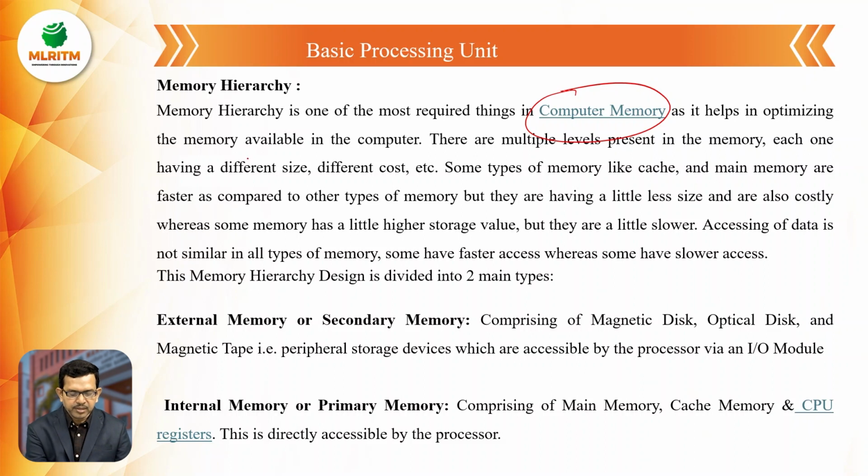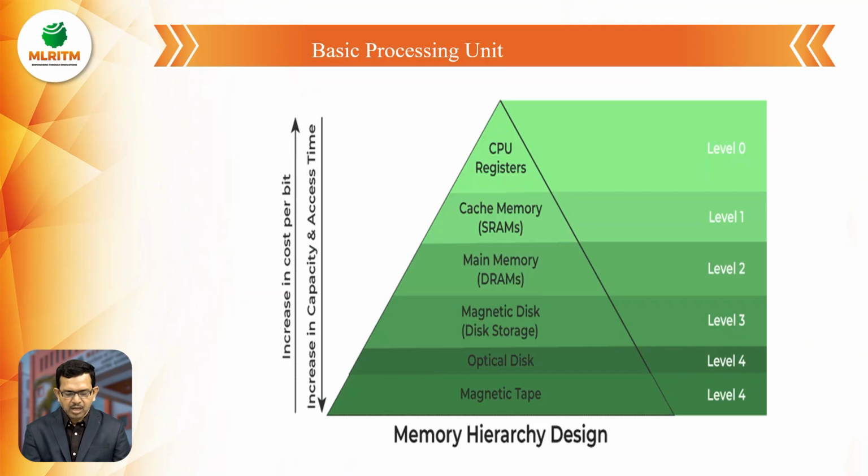It helps in optimizing the memory available in the computer. There are multiple levels present in the memory, where each level has its own importance. If we go to the diagram of memory hierarchy, initially we consider this as level 0.